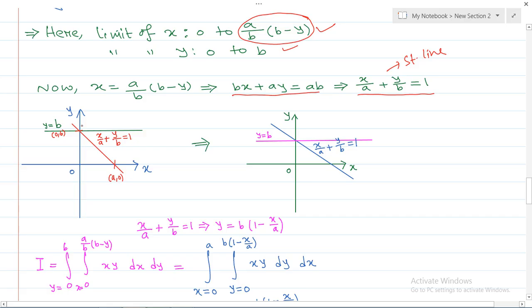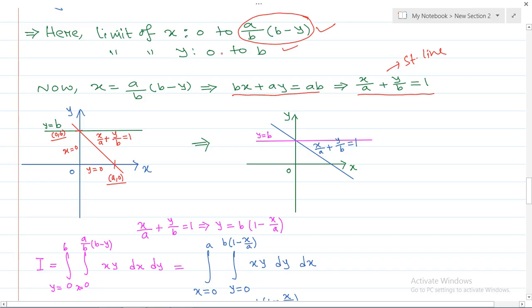This straight line will intersect the x axis at a point a comma 0, and the y axis at a point 0 comma b. y equal to 0 means basically our x axis, x equal to 0 is our y axis, and y equal to b is a line which is parallel to our x axis.